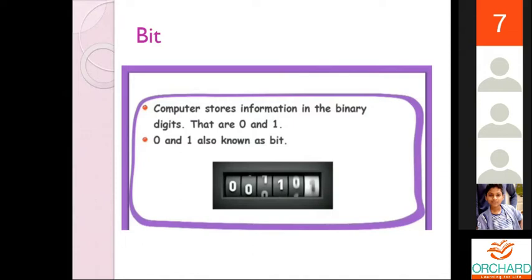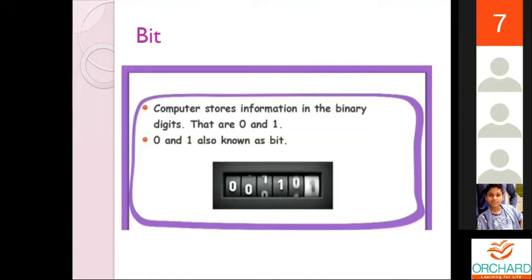This binary system language is a low-level machine language. It was the first language used. The binary system consists only of two digits, 0 and 1. So it uses these two digits alone to communicate with the computer.